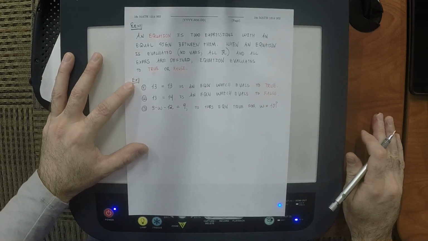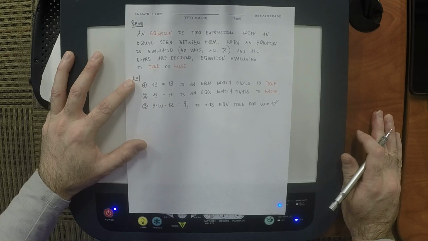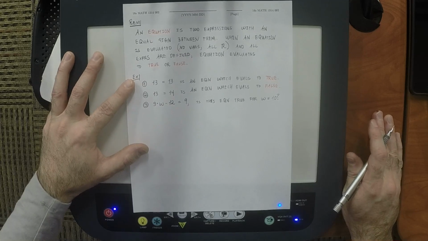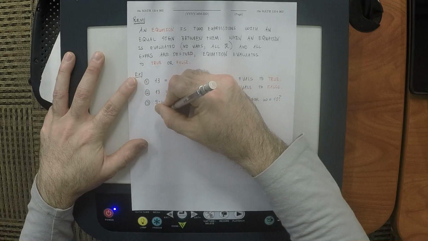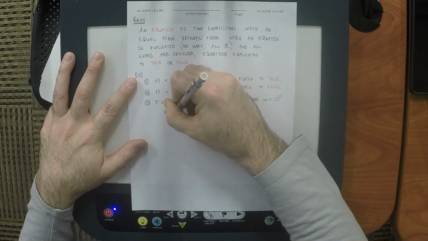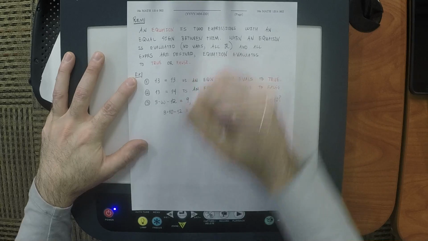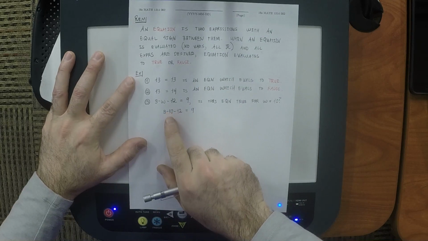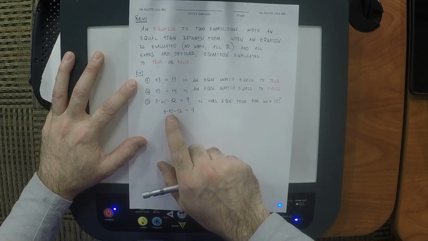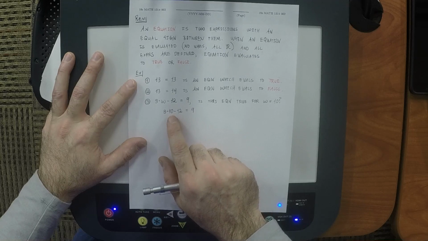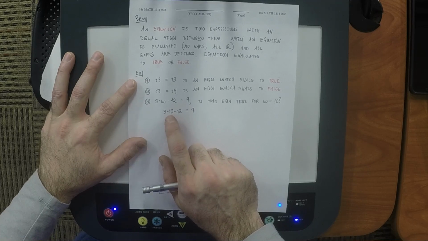Well, how do we confirm or deny that? Substitute the W. Yeah, we'll plug in 10. Okay, so 3 multiply 10 subtract 12 equal 9. Well, you've got to do a little bit of arithmetic to confirm or deny this. That'd be 30 minus 12.